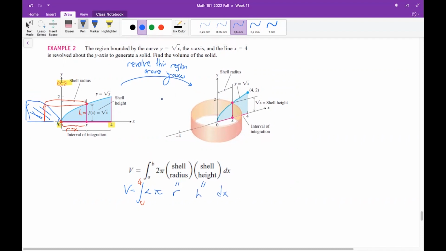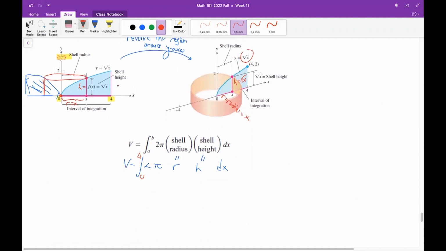Here you see the three-dimensional version of this picture. This is the height given by the curve, where your curve is square root of x. And this is the radius of your cylinder. Let me write it, this is the radius, so it is x.